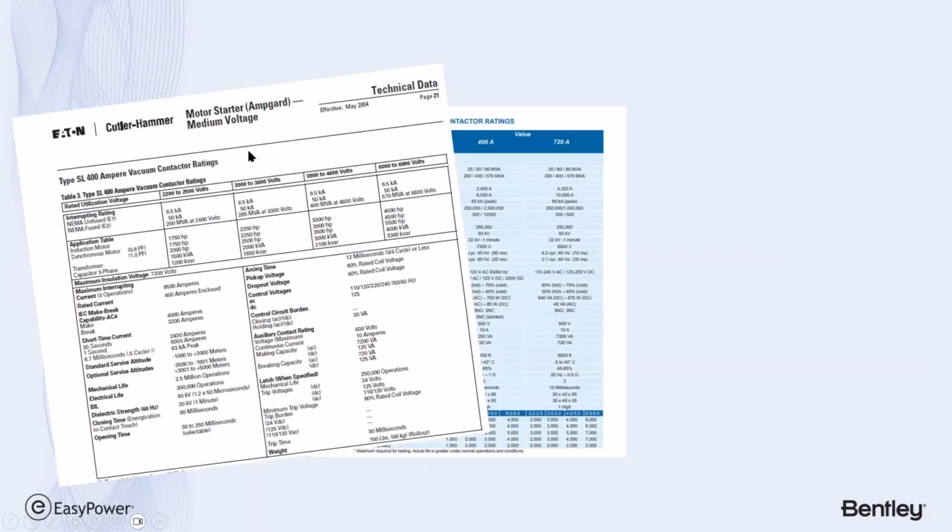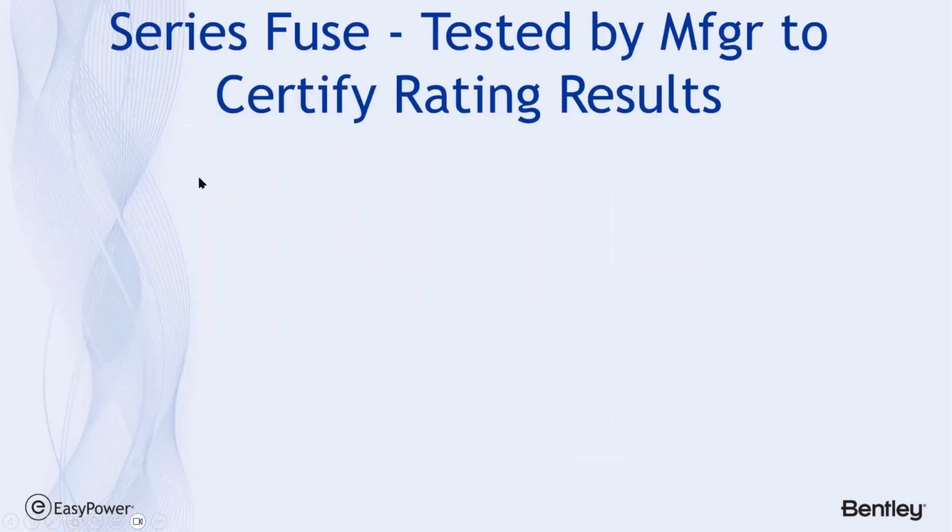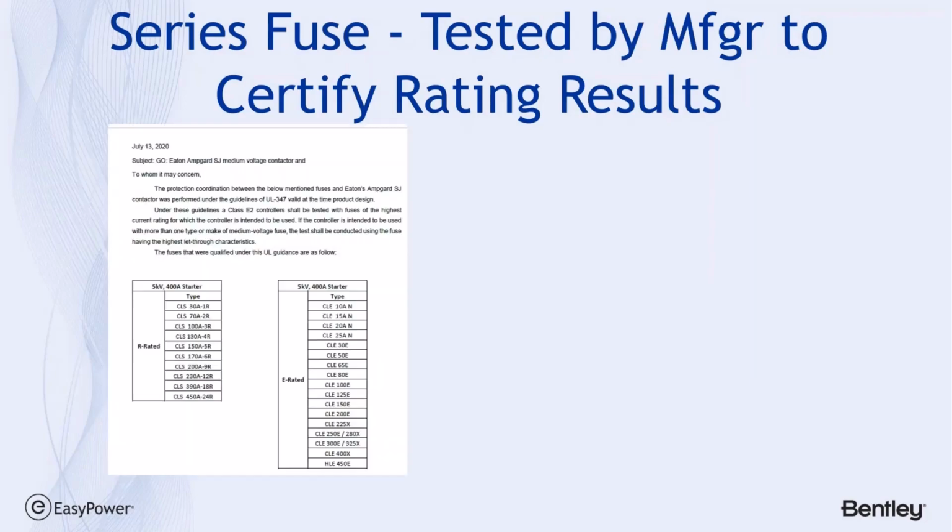And this is true all the way the full voltage range for this particular switch. And what it amounts to is, based on the data sheet, we can apply the series fuse rating as long as it's been tested by a manufacturer and quoted either in a data sheet or an application note.